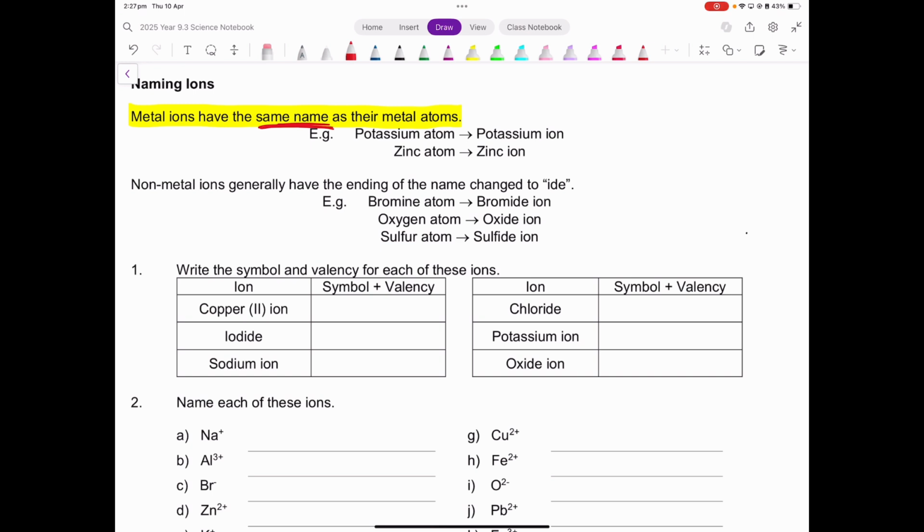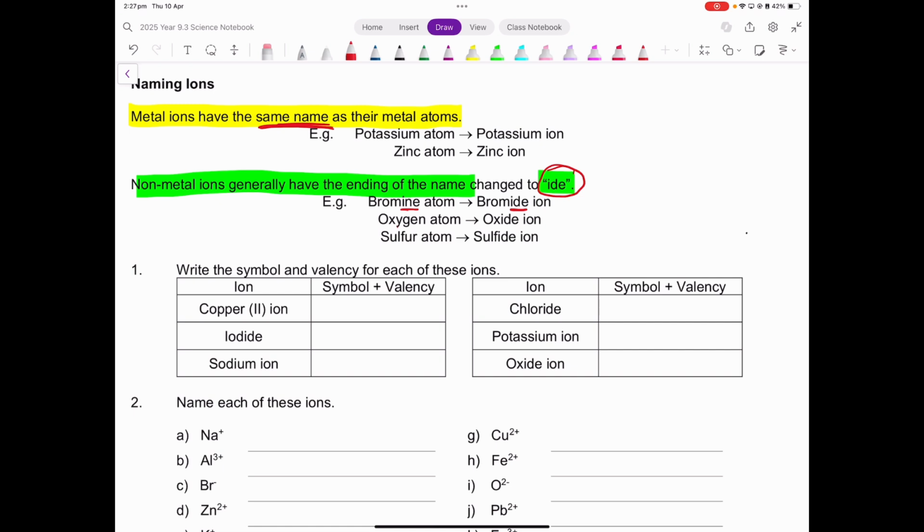Okay? Next, non-metals, on the other hand, they change the ending of their name. And what they do is they change it to "ide." So for instance, bromine. Instead of bromine, I change it to bromide. So the "ine" becomes an "ide." The suffix changes.